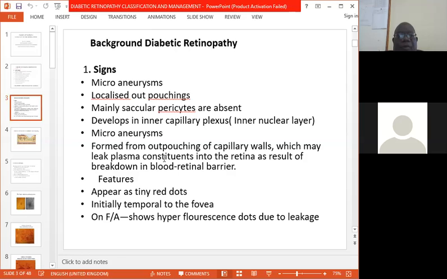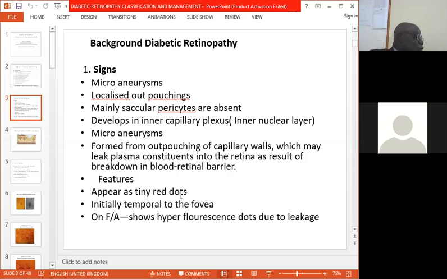So microaneurysms are formed from outpouching of capillary walls, which may leak plasma constituents into the retina as a result of breakdown in the blood-retinal barrier. I think you've heard my explanation exactly what I was telling. Features: they appear as tiny red dots, because if they are outpouching, then the endothelial part of the capillary is where the blood is moving.